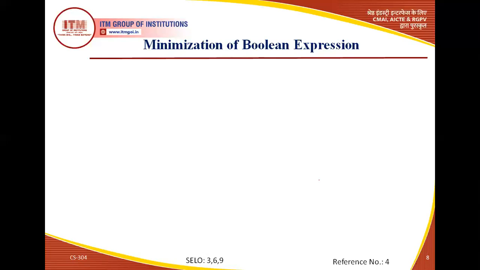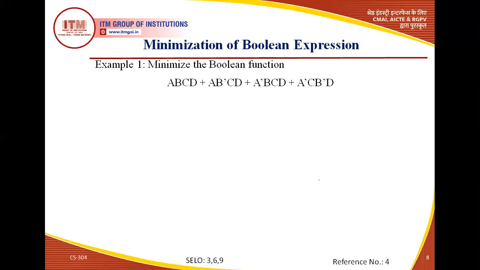So now we take some examples and see how we can minimize a Boolean function or Boolean expression. So first, minimize the given Boolean function, that means ABCD plus AB dash CD plus A dash BCD plus A dash CB dash D.